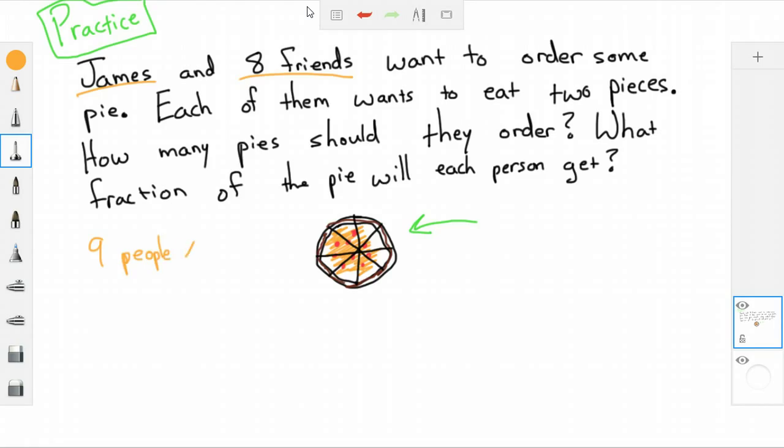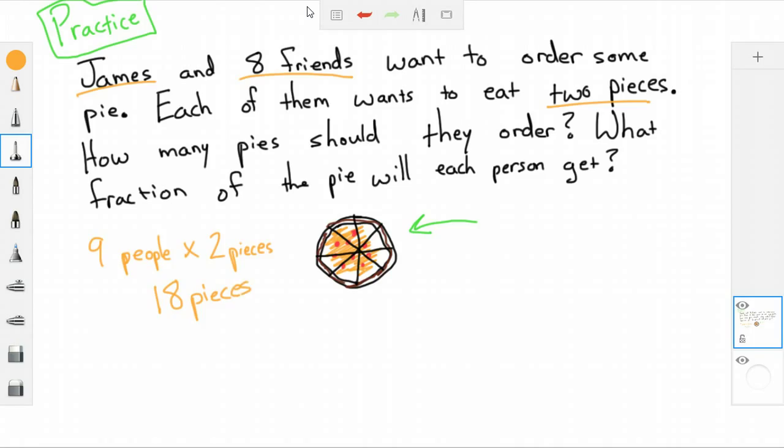And each of them wants to eat 2 pieces. So there's 9 people times 2 pieces. That's going to equal, let's see, 2 times 9. That means they want to eat 18 pieces total. That's how many pieces they want to eat.